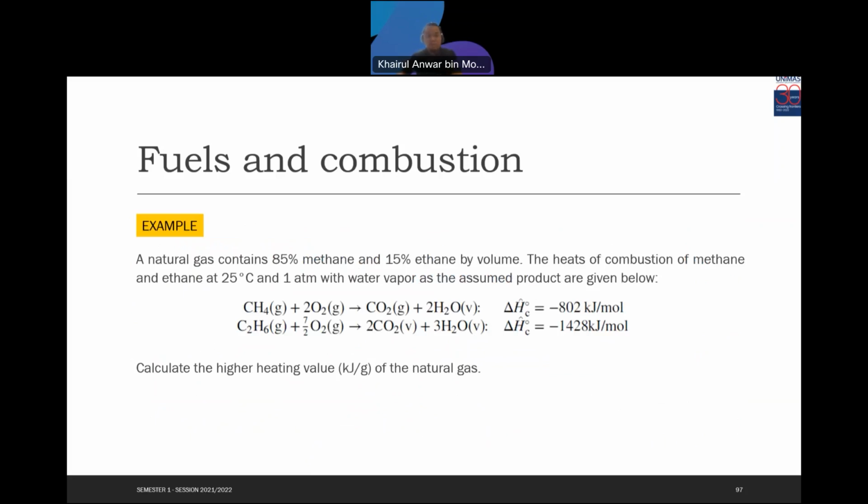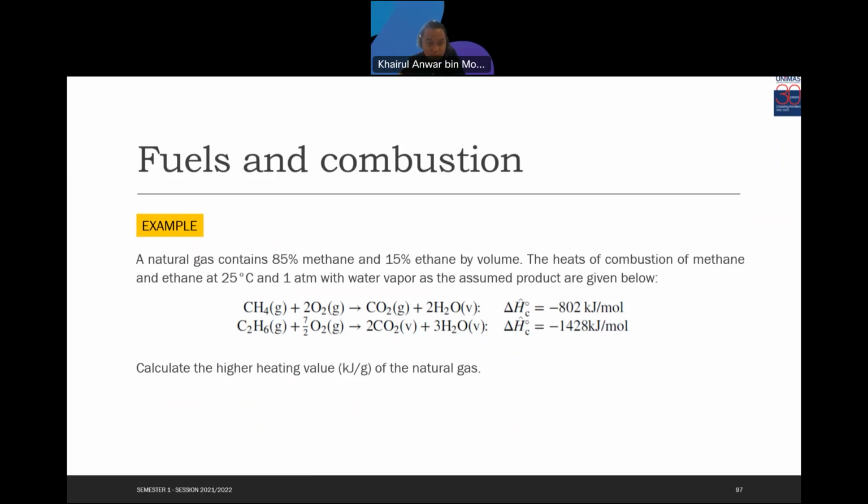For example, a natural gas contains 85% methane and 15% ethane by volume. The heats of combustion of methane and ethane at 25 degrees C and 1 atm, with water vapor as the product, are given below. CH4 gas plus 2 O2 equals CO2 plus 2 H2O vapor, with delta Hc equal to negative 802 kilojoule per mole.